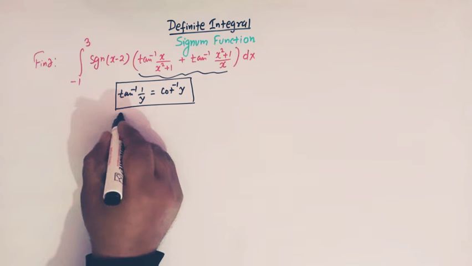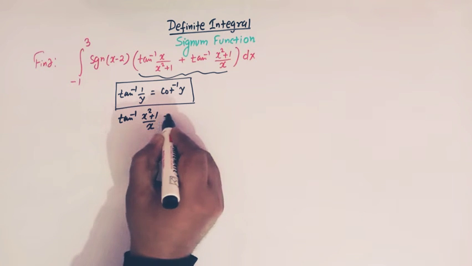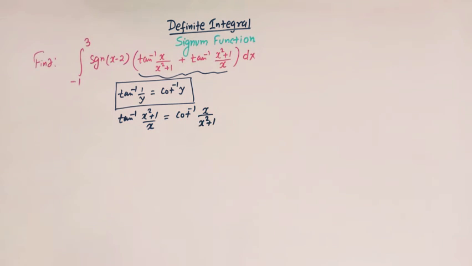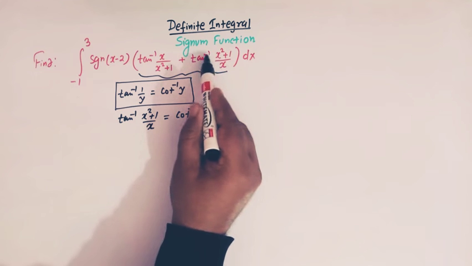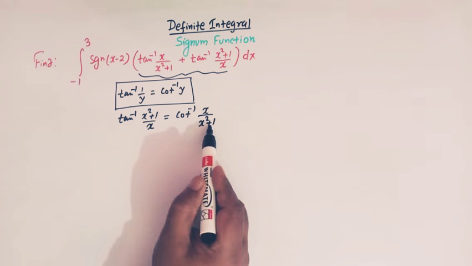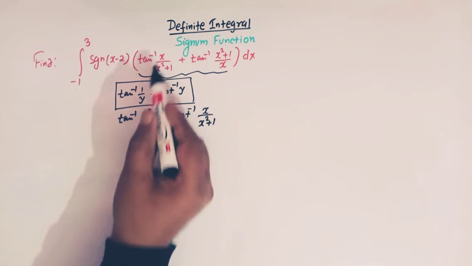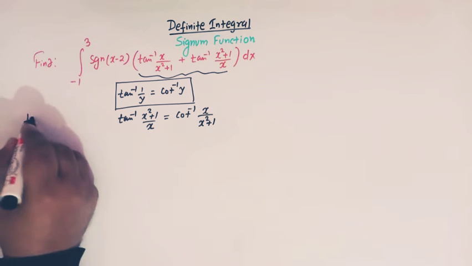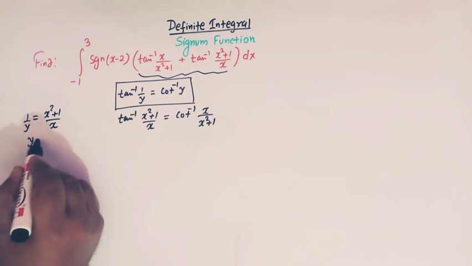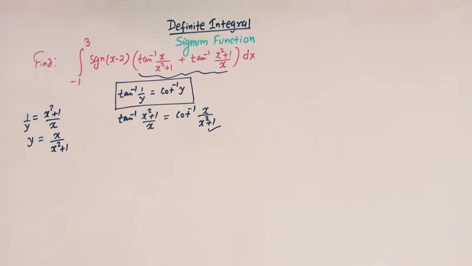So tan inverse ((x square plus 1) over x) can be written as cot inverse (x over (x square plus 1)), because if we take 1 over y equal to (x square plus 1) over x, then obviously y is equal to x over (x square plus 1). So this is our y.